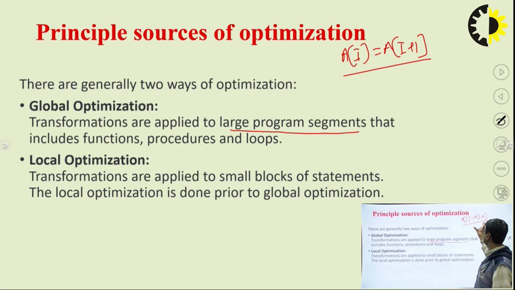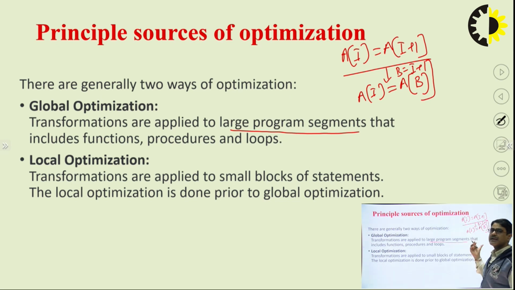Whenever you execute this part, every time i plus 1 is calculated first, then mapped with capital A, and then it starts again. If you convert this into A[i] = AB and B = i + 1, it is easier to map, it takes less time, and the results are clear. This is called simple optimization.